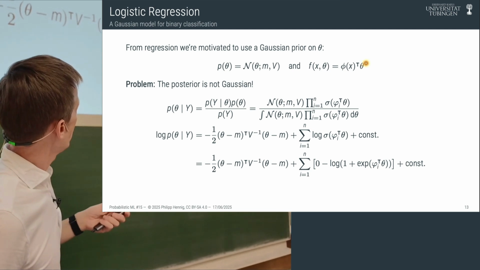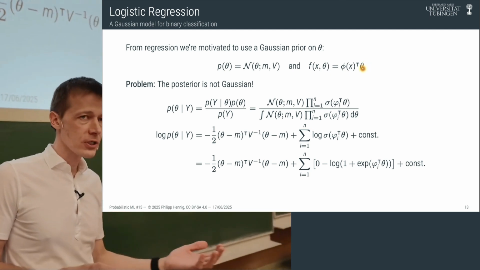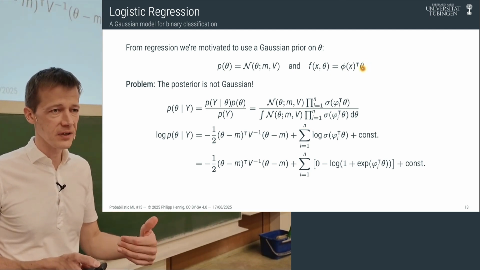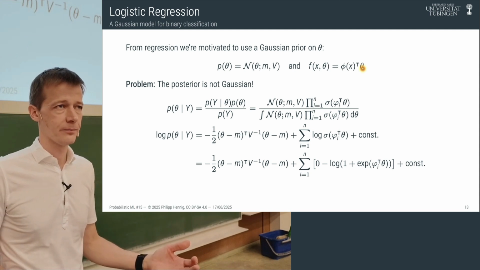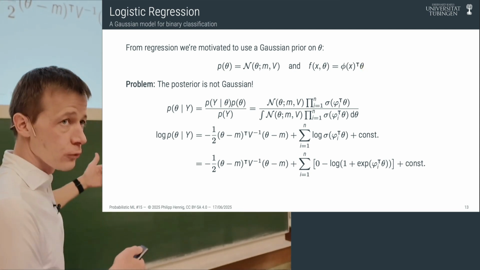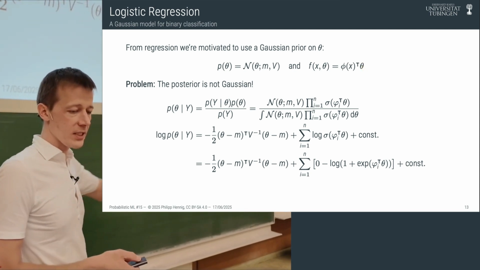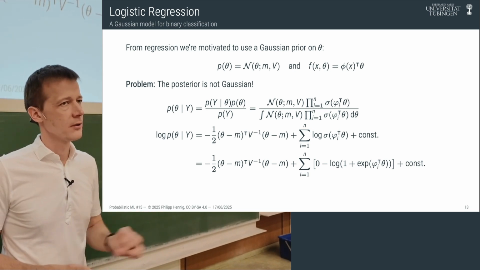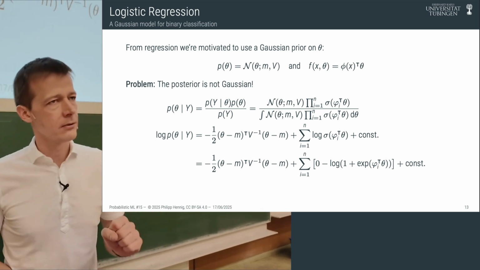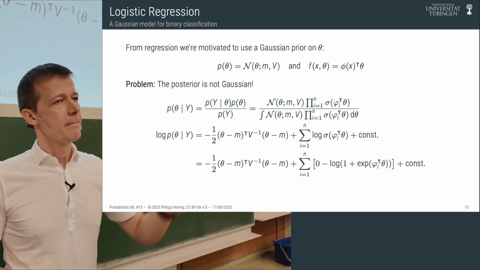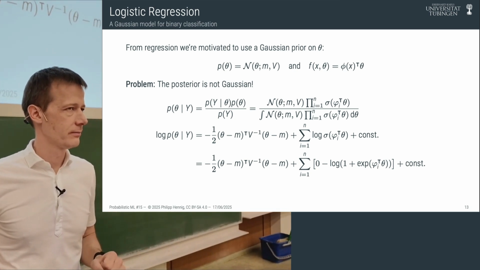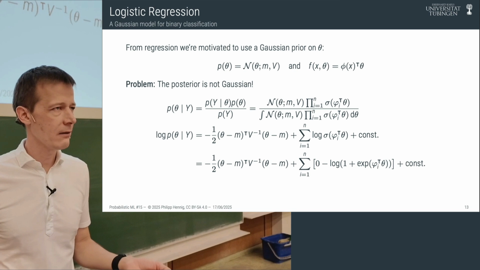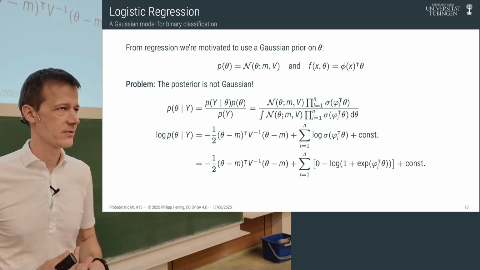Let's use a Gaussian prior on theta, and let's use a Gaussian likelihood for y given f of x, and then everything works fine. So now we're going to try and do this here again, where the only change is that the likelihood is not Gaussian anymore. The model is still linear, the prior is still Gaussian, but the likelihood is not Gaussian anymore. And then things will get a little bit more hairy, and we'll need to resort to approximations.